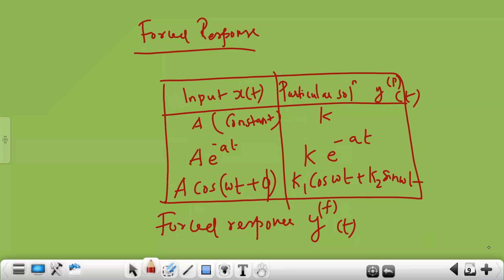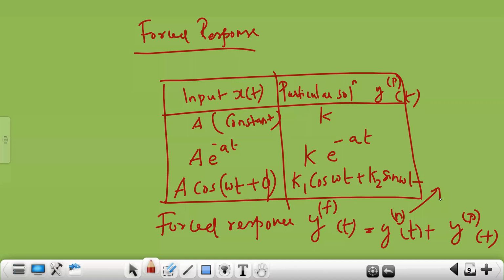So to find the forced response, first of all, we need to find the natural response. Natural response is something which we have done previously, same format. That we have to find. Then we need to find the particular solution corresponding to the particular input. Then we need to add these two to get your final output, that is yf of t.